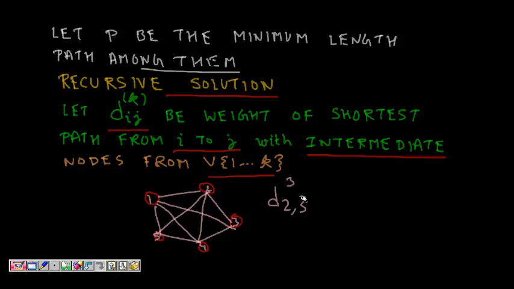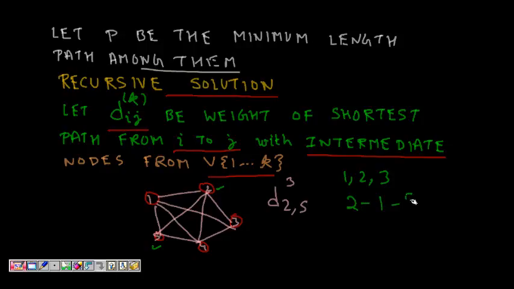So D3,2,5 means I will be taking this node and this node, and let's try to see what are the paths possible. I will only be choosing from nodes 1, 2 and 3. So I can go from D1, 2, 1, 5, I can write 2, 1 and 5.